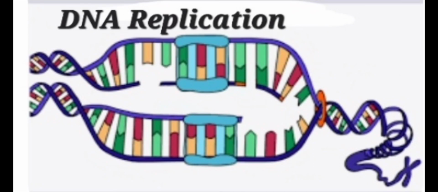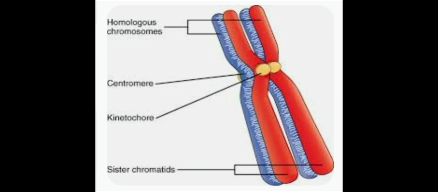Following DNA replication, the DNA content doubles again. This is what happens during the synthetic phase of interphase. Now, if it doubles from 2C, it will become 2 into 2C, which will be equivalent to 4C.